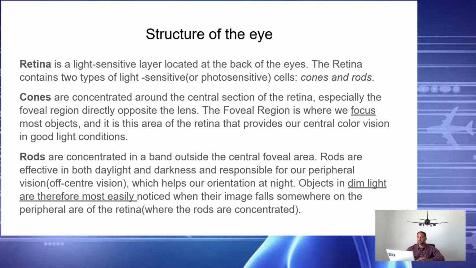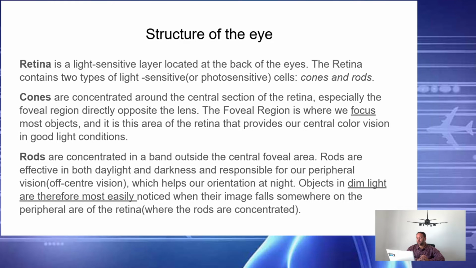Cones are concentrated around the central section of the retina, especially the foveal region directly opposite the lens. The foveal region is where we focus most objects, and it is this area of the retina that provides our central color vision in good light conditions.